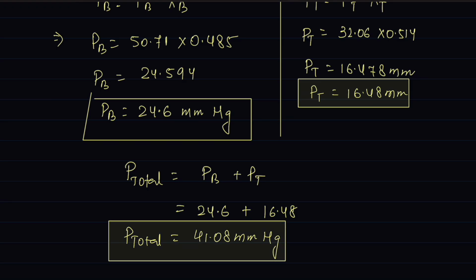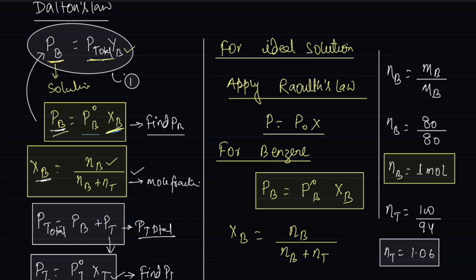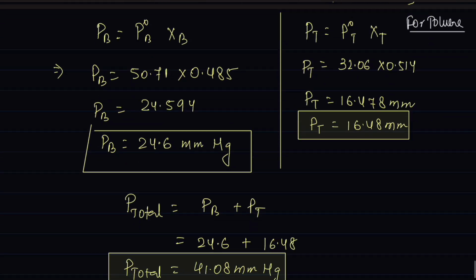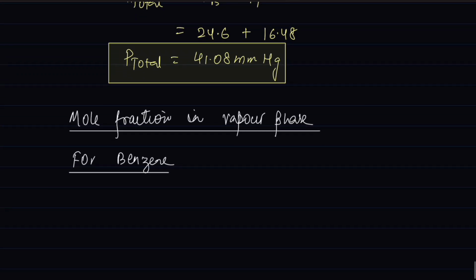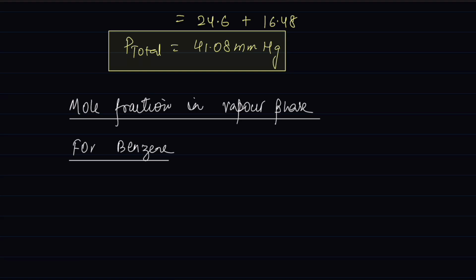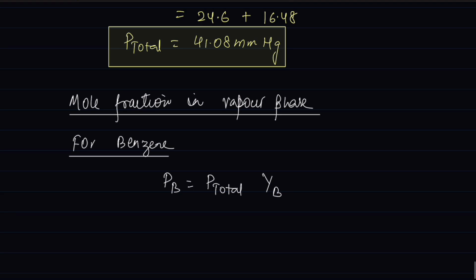Now we can apply these two values in this formula. PB we already got, P total we got. So YB is equal to, here we apply Dalton's law: P benzene is equal to P total into mole fraction of benzene.